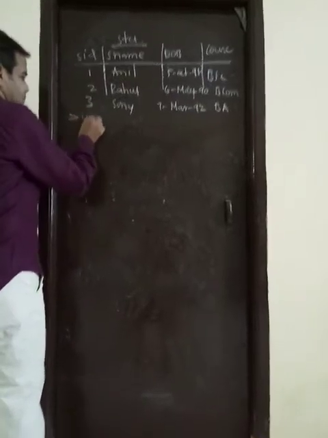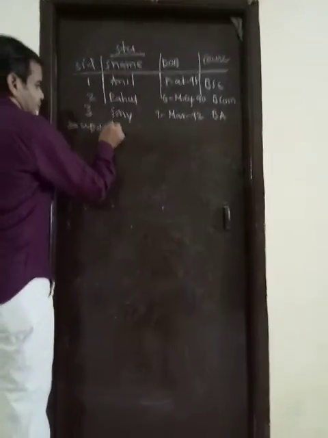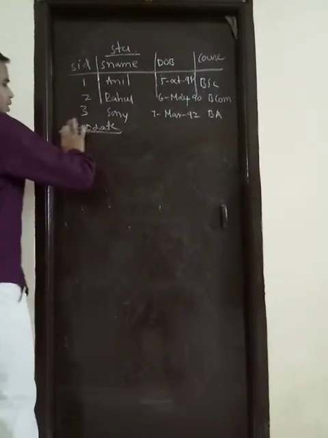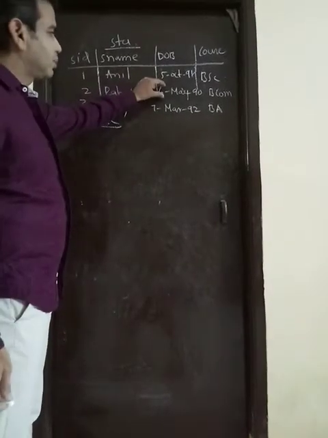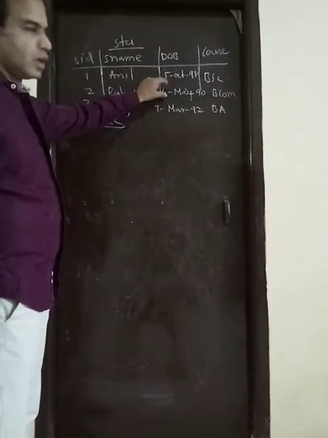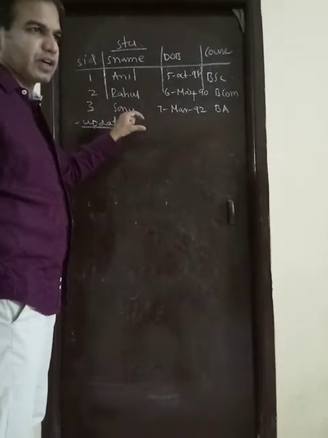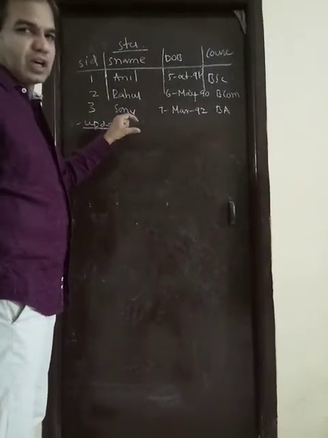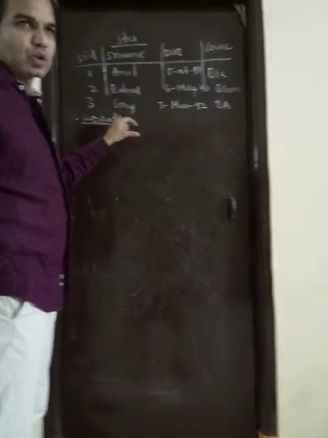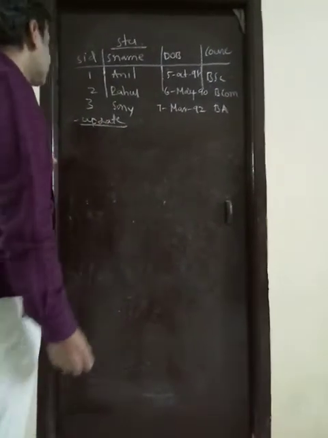Now we'll see the update command. See, using the update command we can change the table column value. If you specify a where condition, if the condition is satisfied on one row, that row will be updated. If the condition is satisfied on multiple rows, the multiple rows will be updated. How, we'll see.